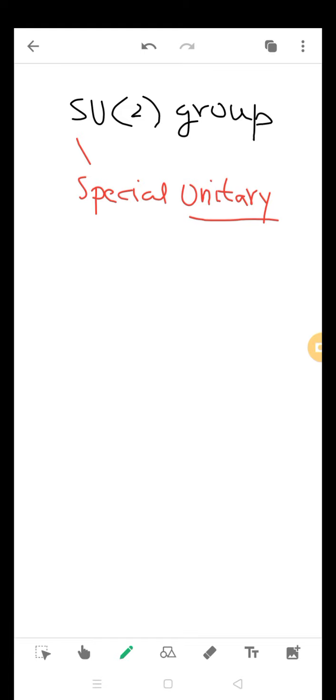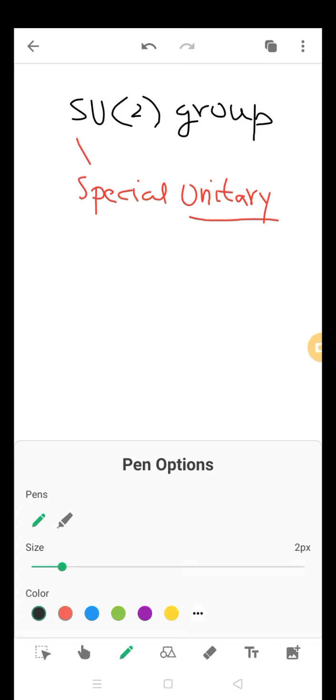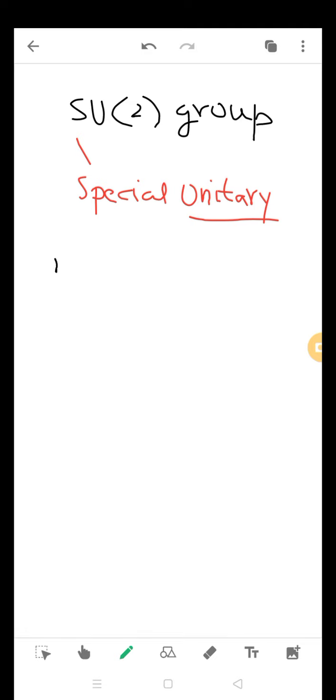Now, in an n into n vector space, you can represent a unitary group by U(n).